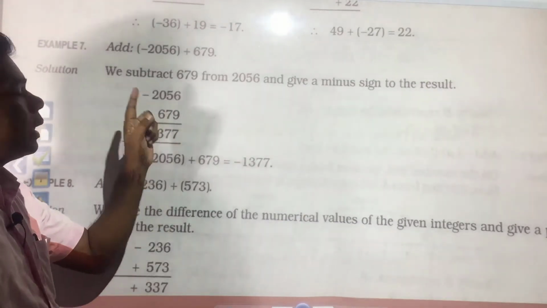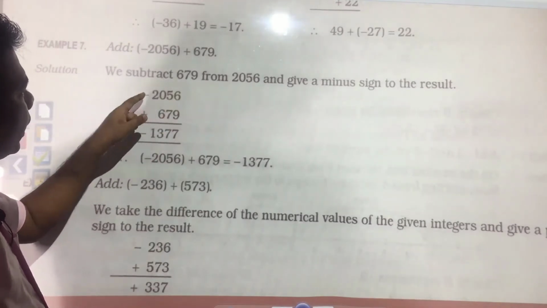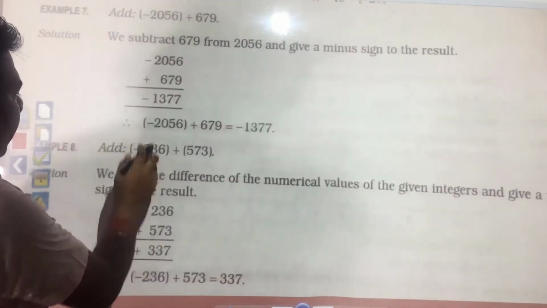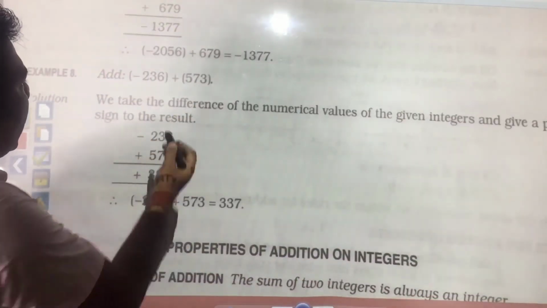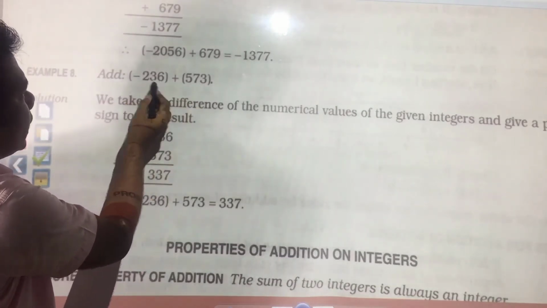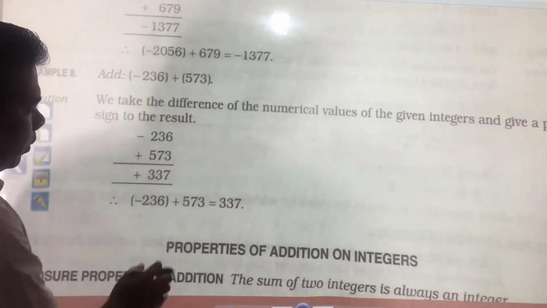We need to see the greater number. The greater number has a negative sign, and that is why in the answer we have taken negative. Here also the same case is there, it is required to be subtracted, and the sign will be positive. Why? Because 236 is lesser than 573, and that is why the sign will be positive.